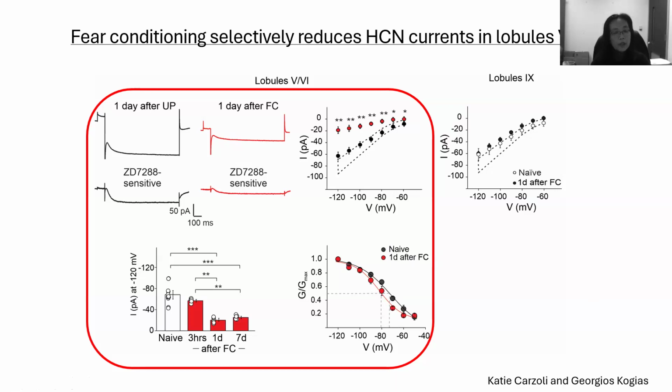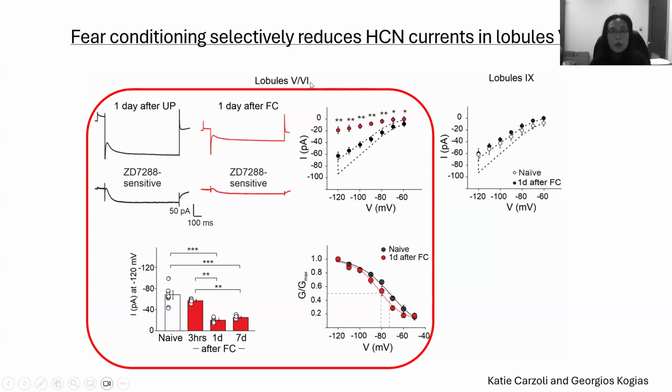That means you need to go to -80 millivolts in order to activate half of the channels. So it makes it more difficult to activate. Therefore, the currents measured at -120 and at all these potentials are smaller compared with the naive animal.